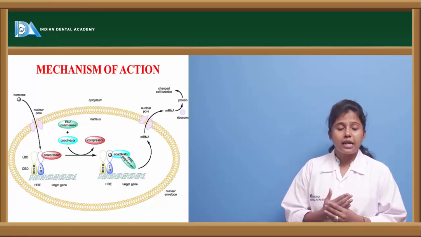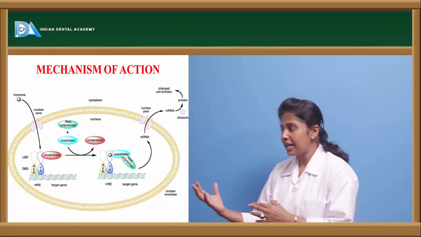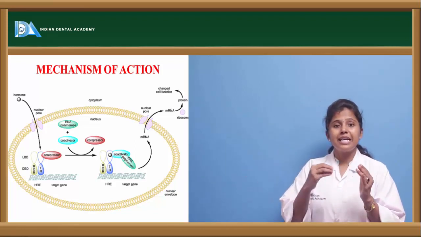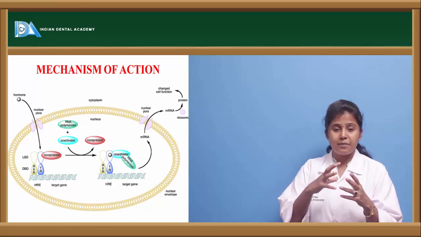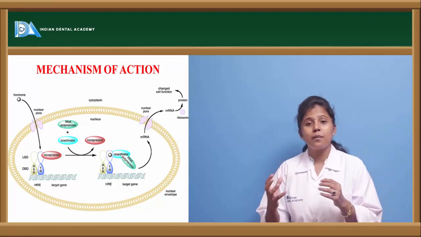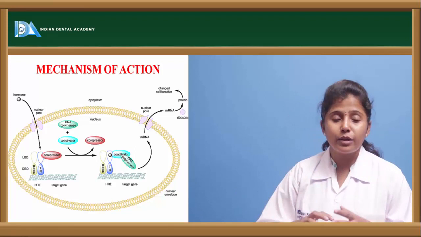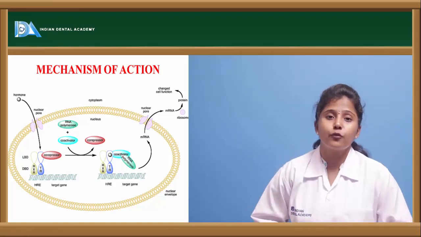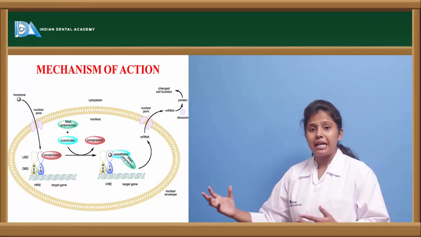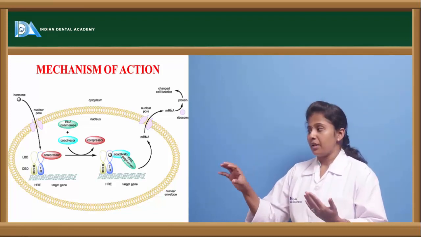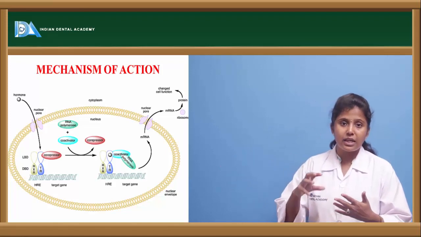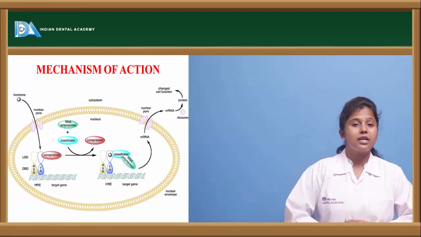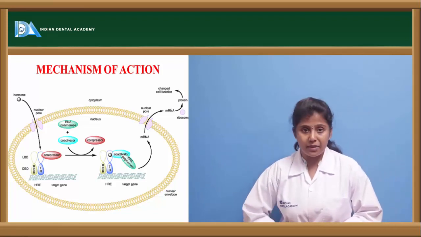So here the thyroid hormone, after binding to the TR receptor, binds to the ligand. A ligand is a compound which aids in the formation of an active compound. The ligand, this T4 or T3 thyroid hormone, binds to the receptor and causes heterodimerization.